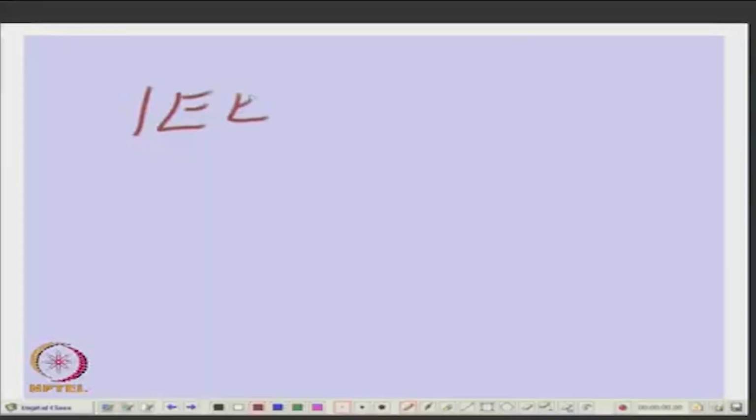A beginner should read this article first before reading anything else. So, this is an early 1970 article that we thought was good on this area. In fact, for your reference, maybe I can write it here. This is IEEE Spectrum.